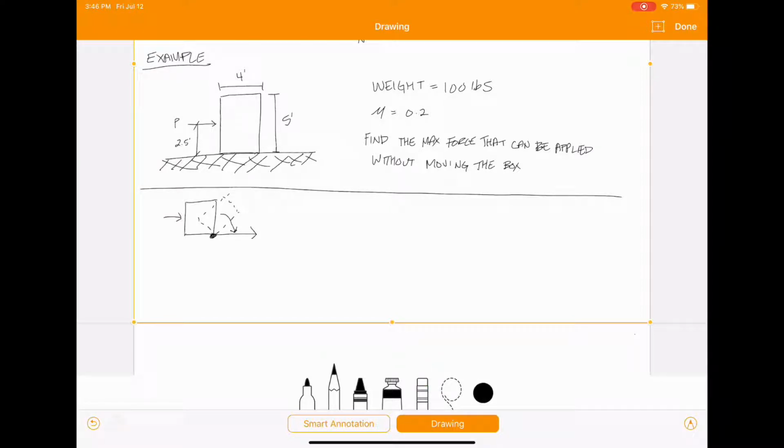So in this case, we have two scenarios. The first being sliding, and the second being tipping.